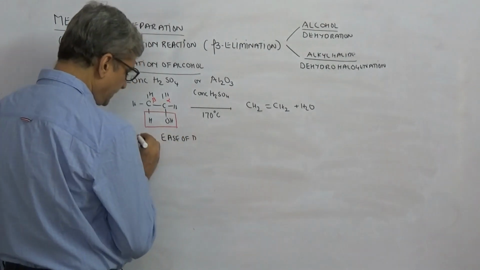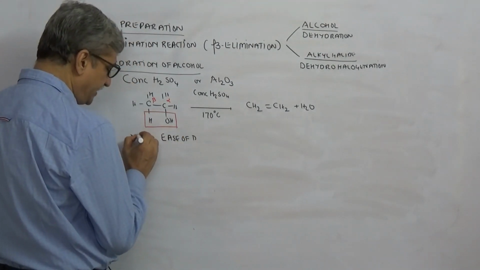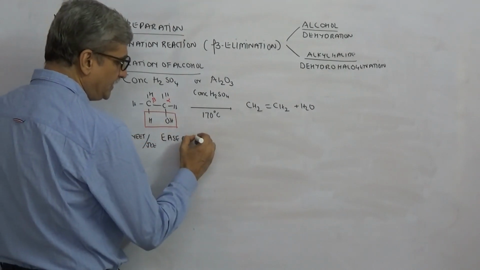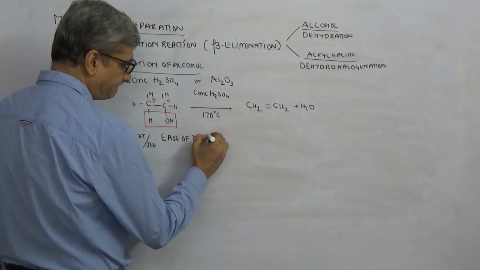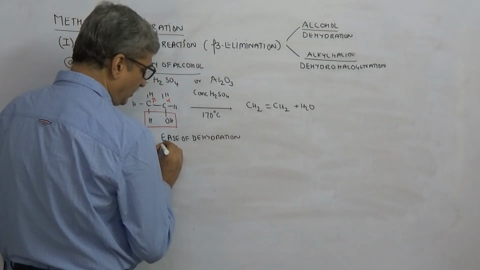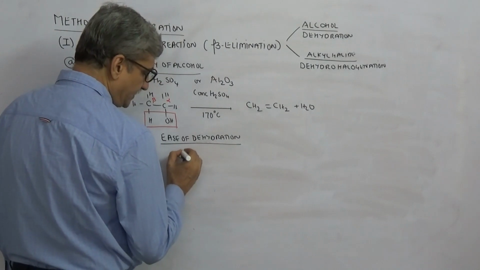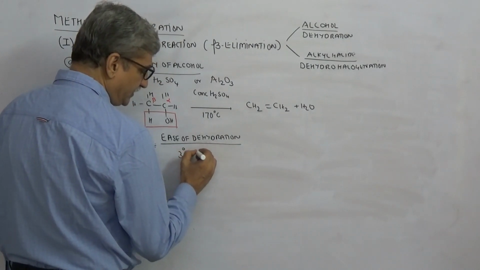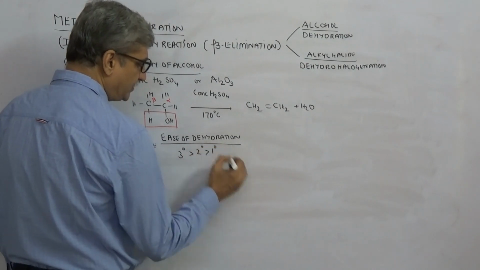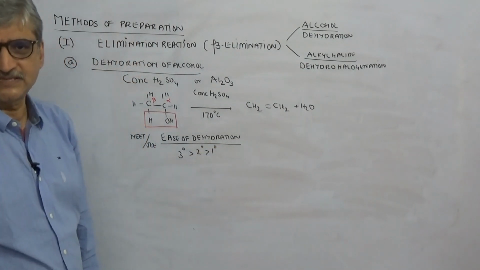This is a question for NEET JEE. Ease of dehydration. When you talk of ease of dehydration, tertiary alcohol gets easily dehydrated as compared to secondary, as compared to primary. Is this point clear?